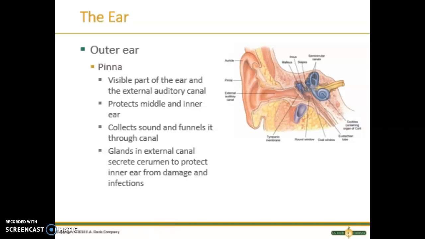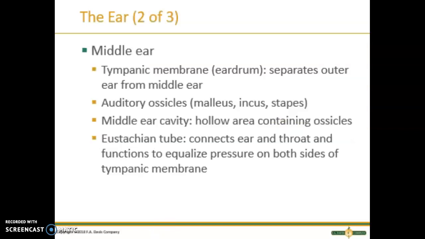So moving on from the outer ear or the pinna, we're going to go to the middle ear. And the middle ear is separated from the outer ear by the tympanic membrane, also known as the eardrum. And it includes the auditory ossicles, the malleus, the incus, and the stapes, and the middle ear cavity and the eustachian tube.